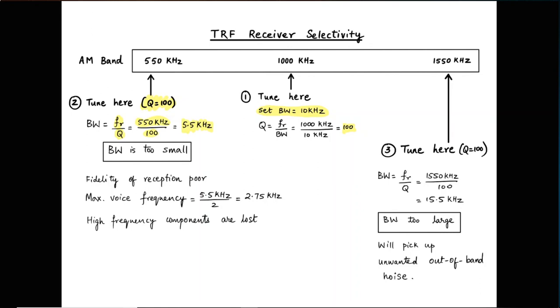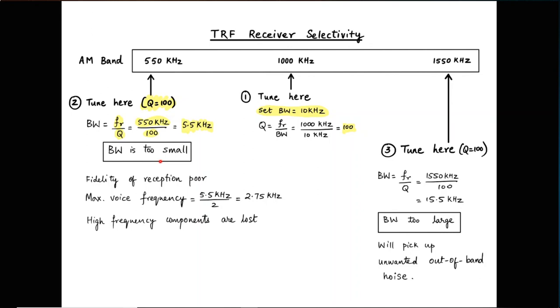So the bandwidth of the filter is too small now. I am not filtering the complete signal. Actually, I am rejecting part of the signal of interest, which leads to poor fidelity of reception. So I'm losing some of my signal.